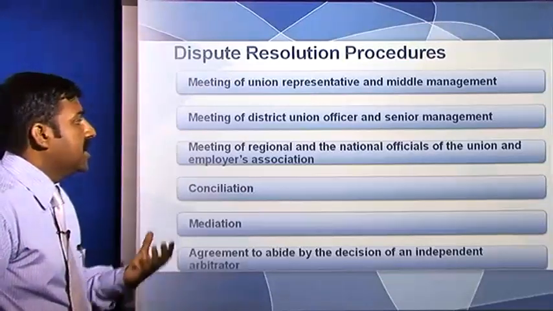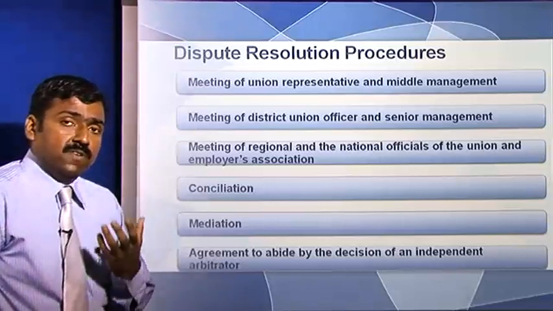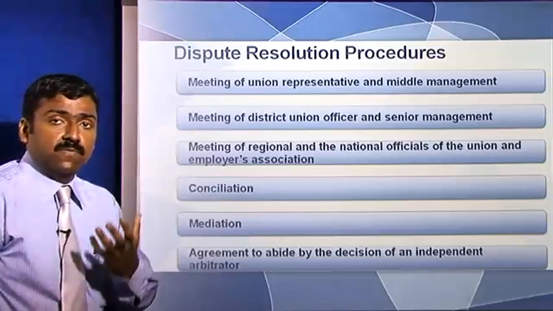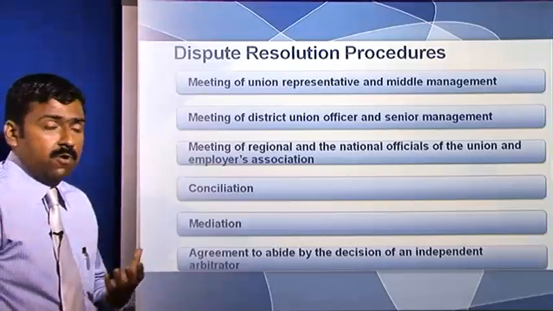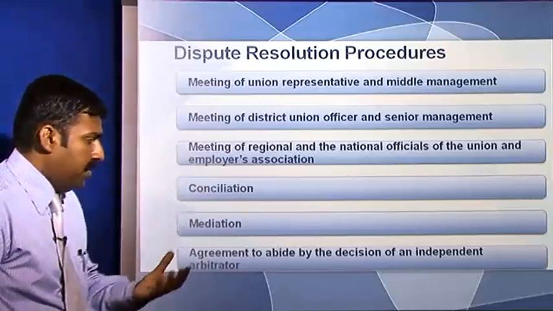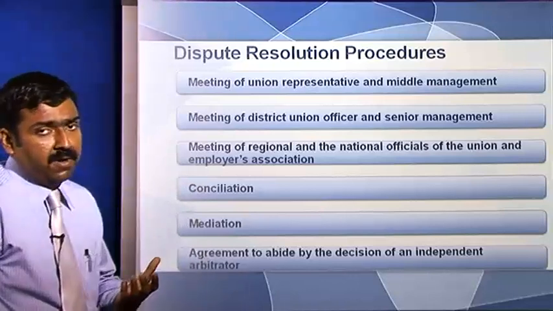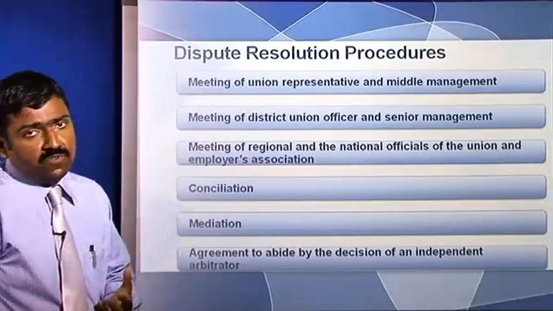The meeting of regional and the national officials of the union and employers association, if it spans across entire segments of industry or a particular geographic region, you need to have a wider involvement. Conciliation, then you have mediation, and then you have agreement to abide by the decision of an independent arbitrator. These are different forms of your dispute resolution procedures.